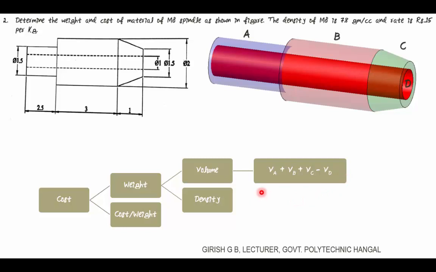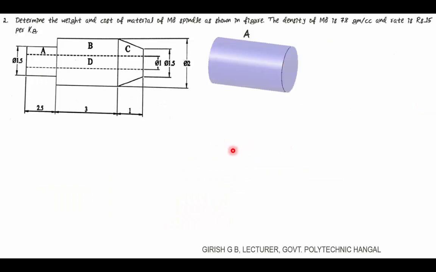Our first step is to determine the volume VA. Volume VA is the cylinder. For this, formula is pi by 4 d square L. Substituting the values for A, pi by 4, diameter is 1.5 centimeter into length is 2.5 centimeter.